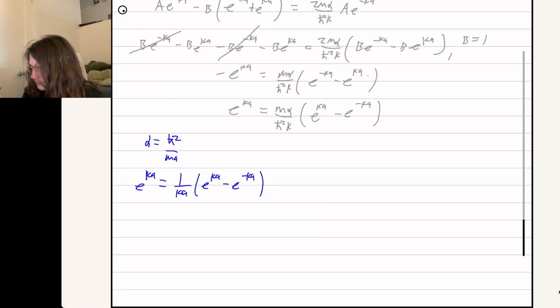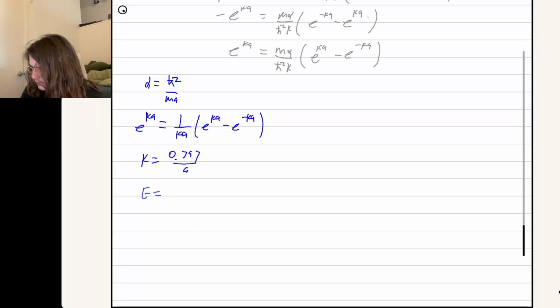And I did use Desmos to solve that again. So we have 0.797 over a, and the energy will be minus h bar squared over 2m times that number squared.